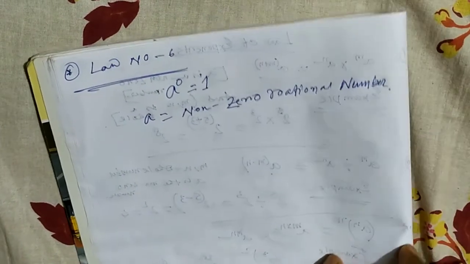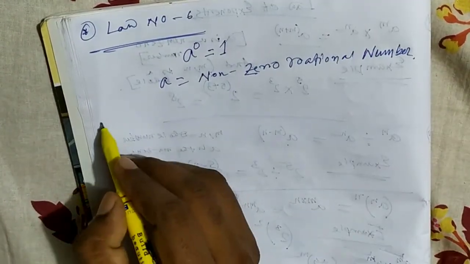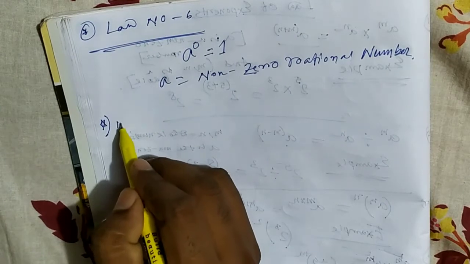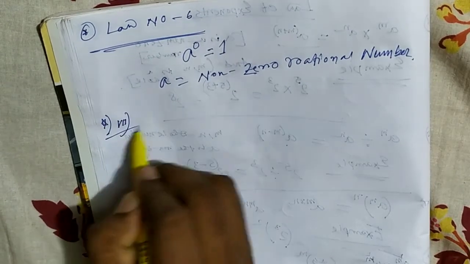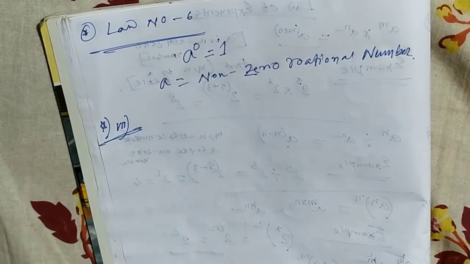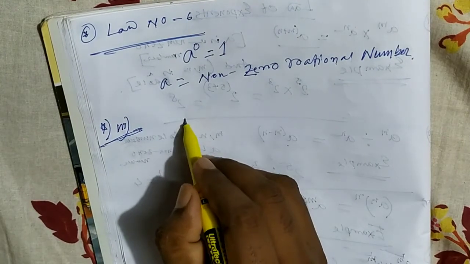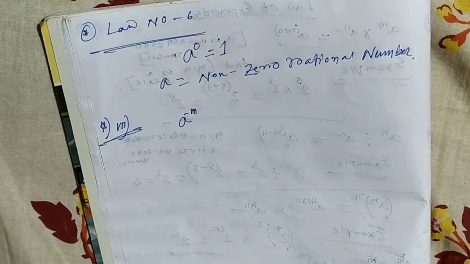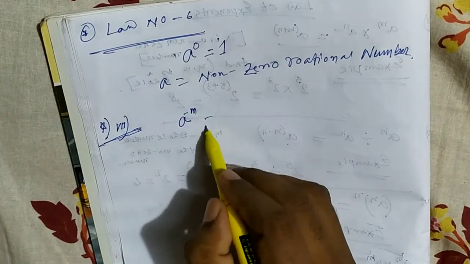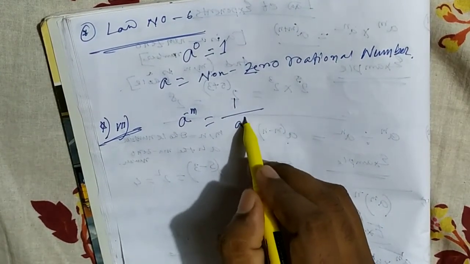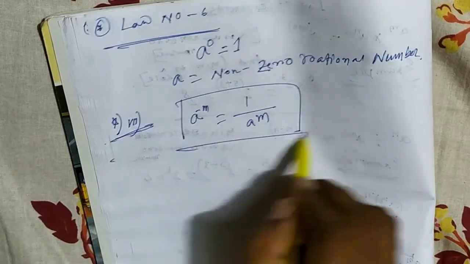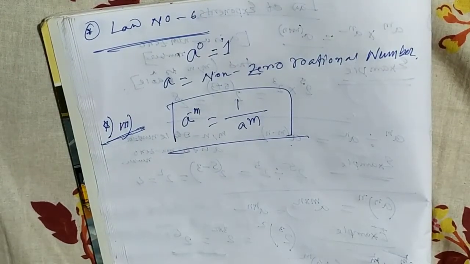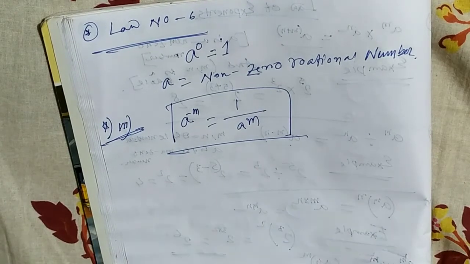Law number 7 says that a to the power minus m is equal to 1 by a to the power m.